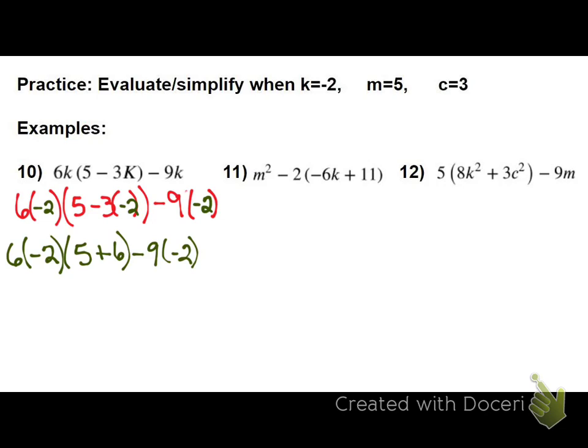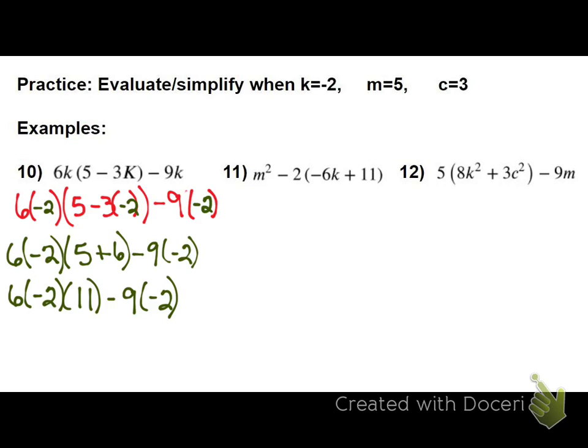Yeah, so let's do that. What's that going to equal? Now, when I bring that 11 down, what do I have to have around it? Parentheses, because it's going to be multiplied. Okay? So right now my expression reads 6 times -2 times 11 minus 9 times -2.